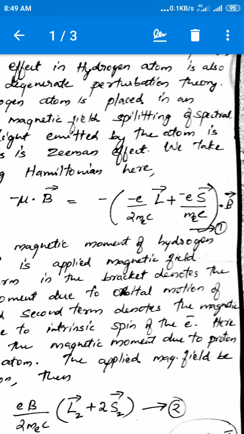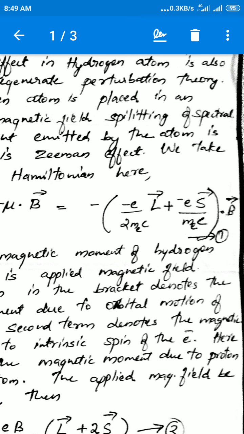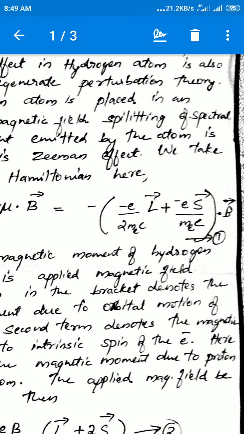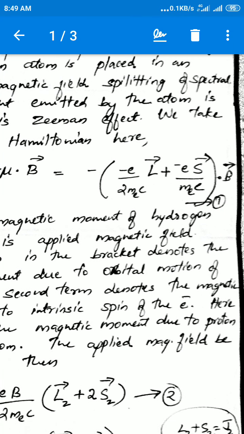I am not deriving it here; we are just substituting the magnetic moment from the spectroscopy Zeeman effect section. Why there is a 2 in the orbital angular momentum term and no 2 in the spin angular momentum term, you can understand from there, from the section you studied in spectroscopy. This is the equation you have to remember.